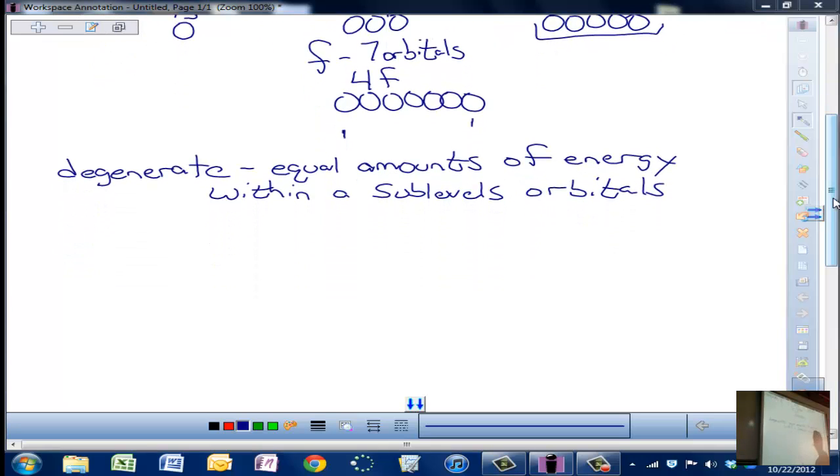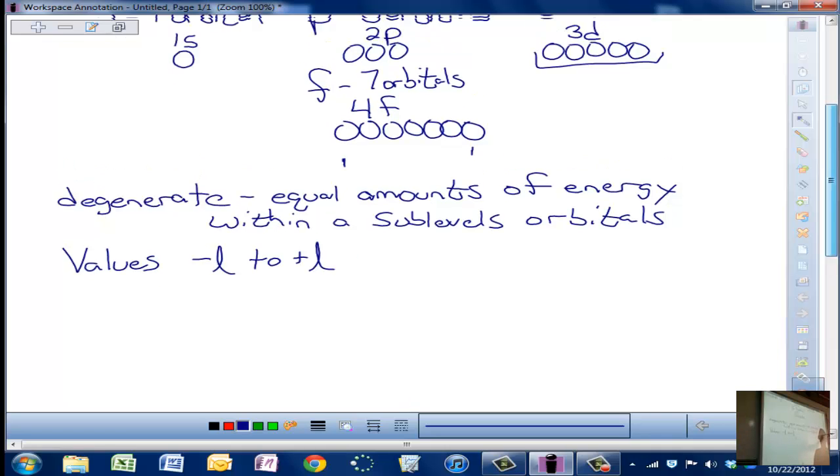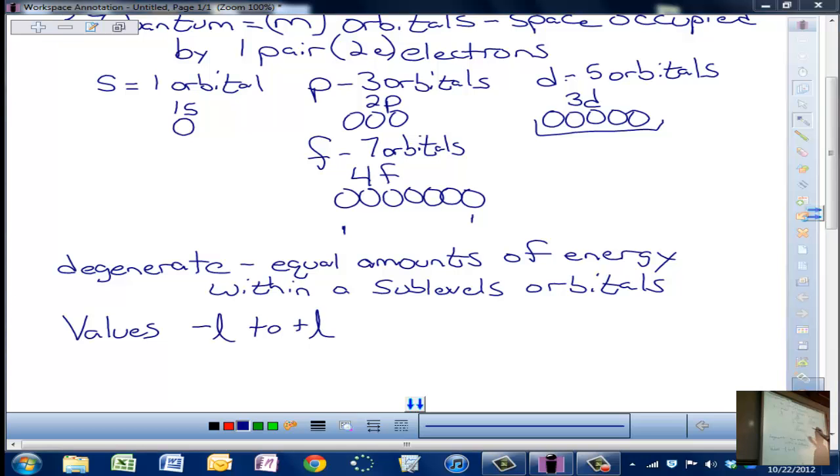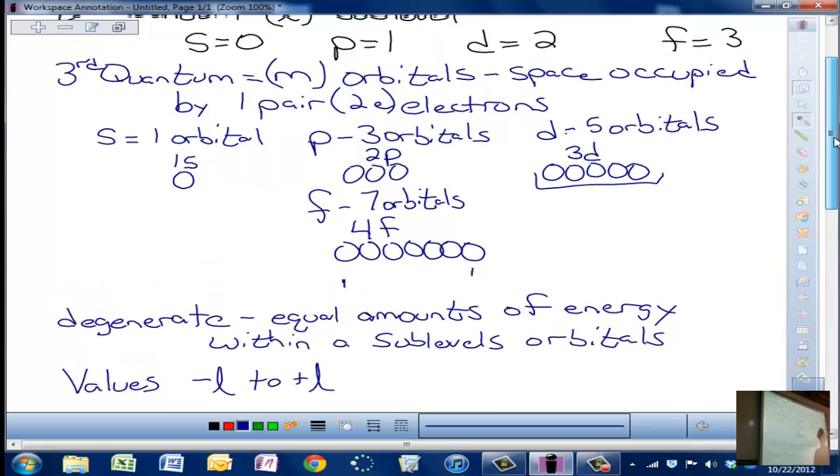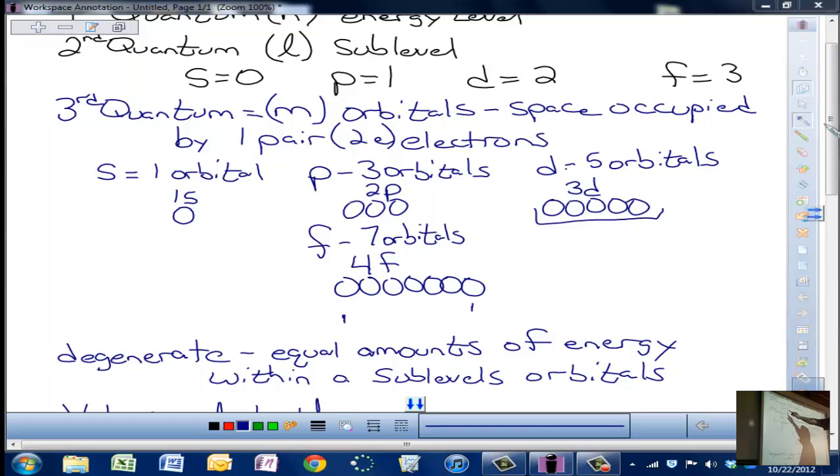Now, what are the values? The values for your orbitals are going to be negative L to positive L. You might be saying, well, L's the letter. Remember, L was your sublevels. Back up here, the value of S was 0.